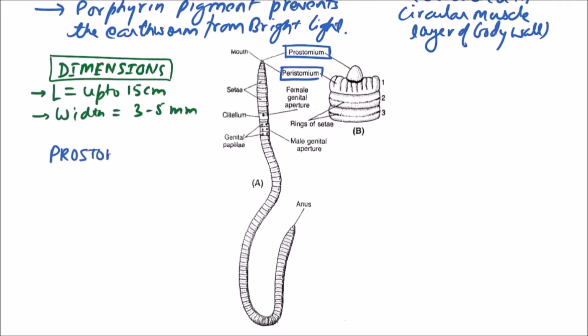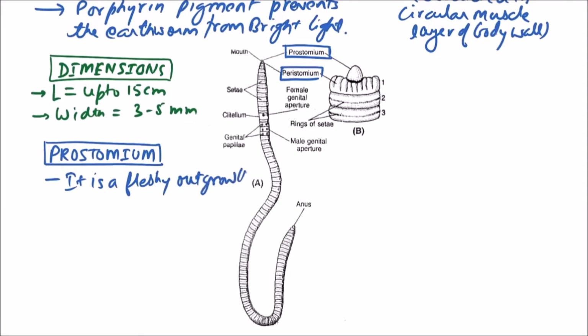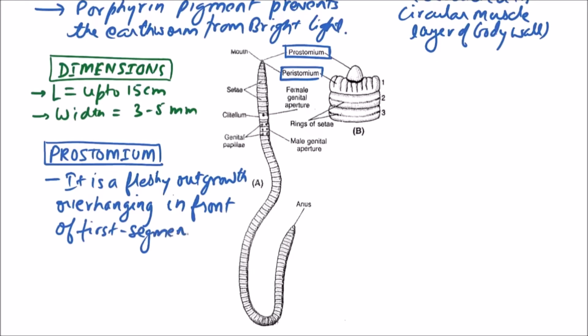Prostomium. It is a fleshy outgrowth overhanging in front of the first segment, and that first segment is peristomium. It is wedge shaped and helps in burrowing.